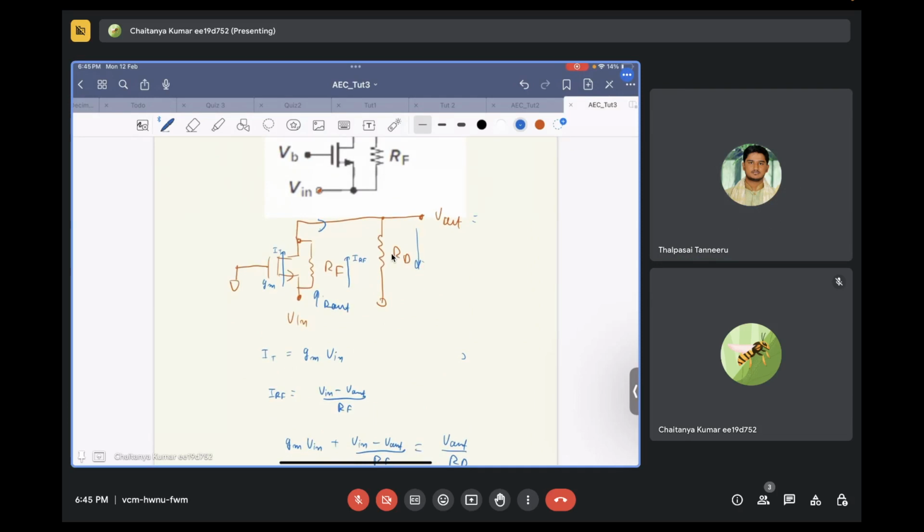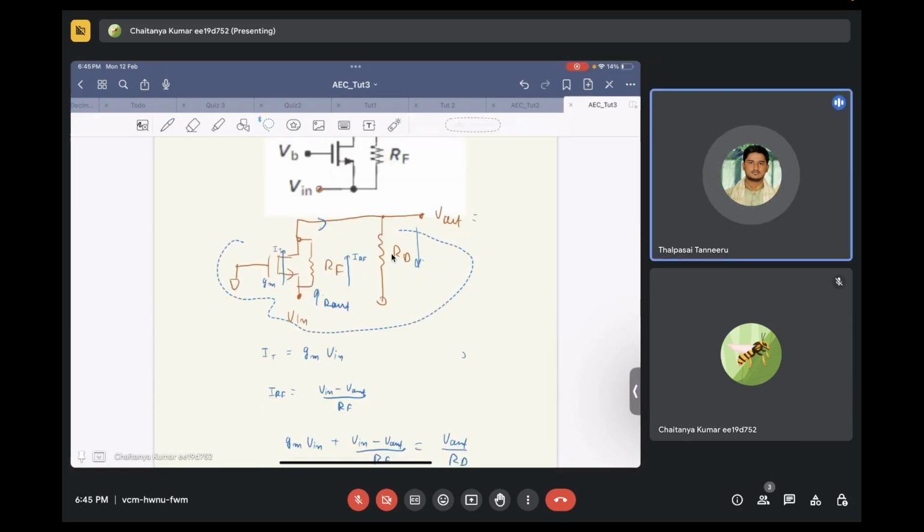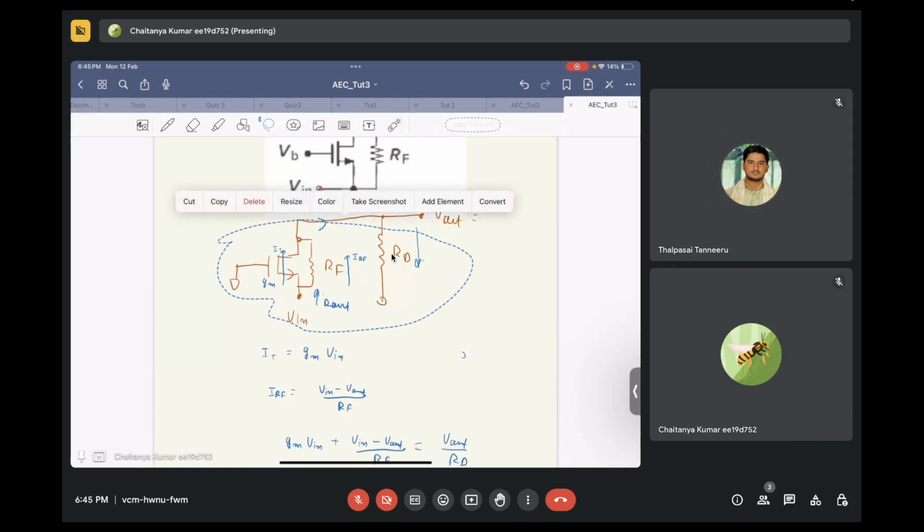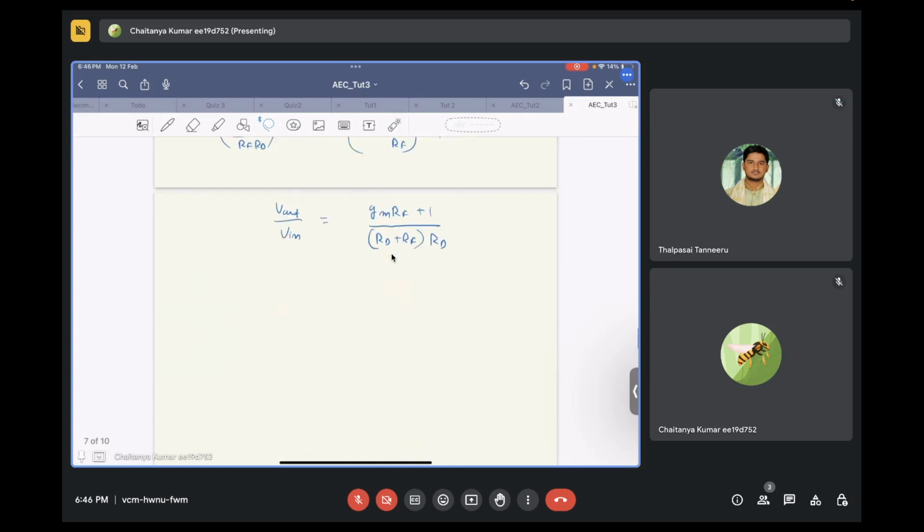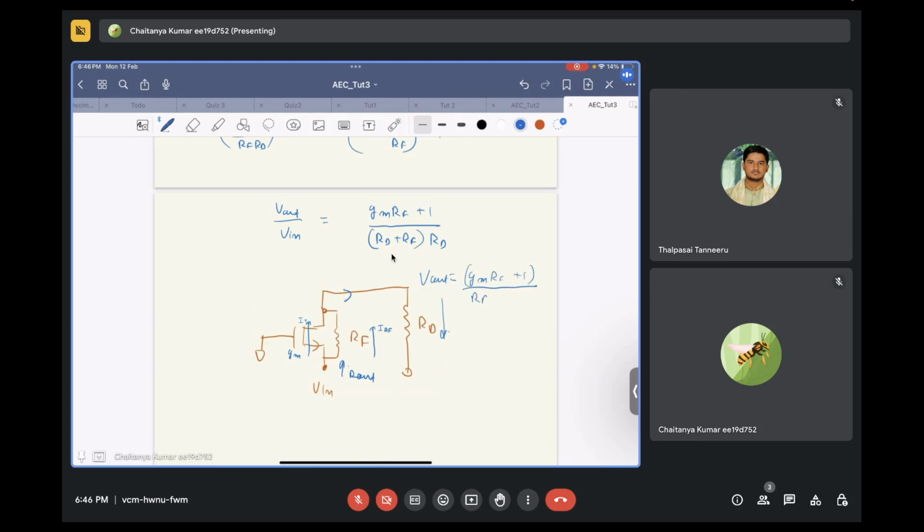What is the value of Vout? Vout is equal to (GmRF plus 1) upon (RD plus RF) times RD times Vin.